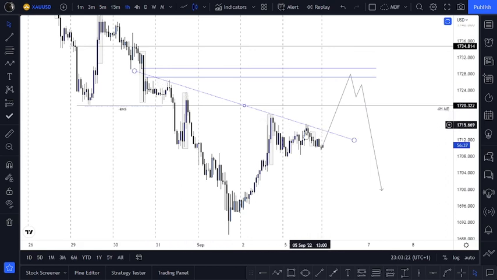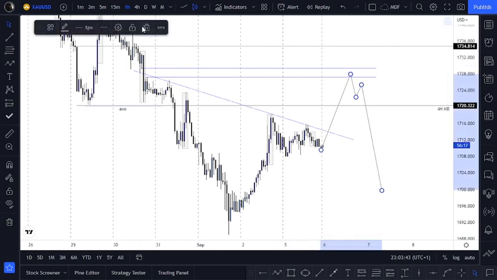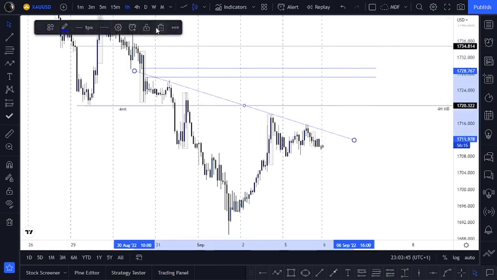So I want price to liquidate this stop loss here. Definitely when we liquidate stop loss here, there will be no sellers again. So that is when I want to sell. When the stop losses of early sellers have been liquidated, I want to be a seller around this region. So this is basically what I'm looking at for gold here on 1 hour.